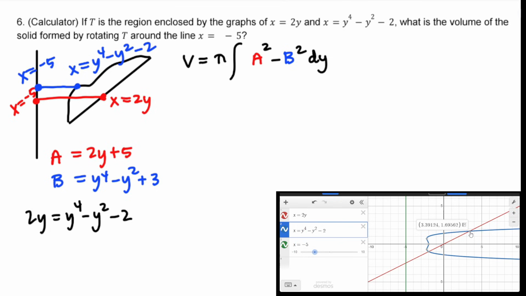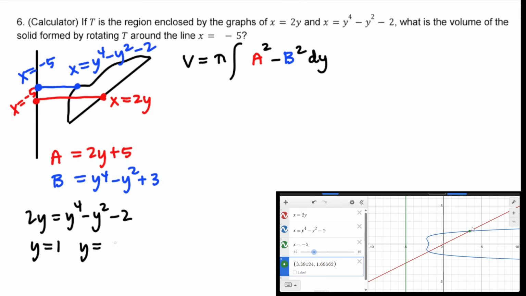Okay, is that typed into the calculator yet? And then I'm going to say, all right, I've got these two things set equal to each other, and that's going to happen when y is equal to -1 and when y is equal to that number, which I'm going to say y equals 1 and y equals 1.69562.